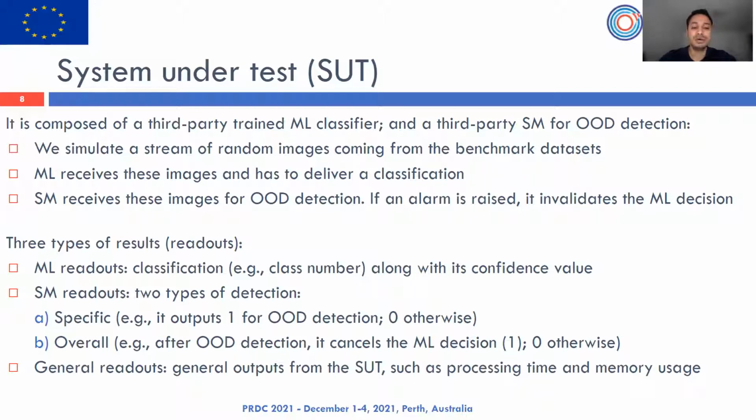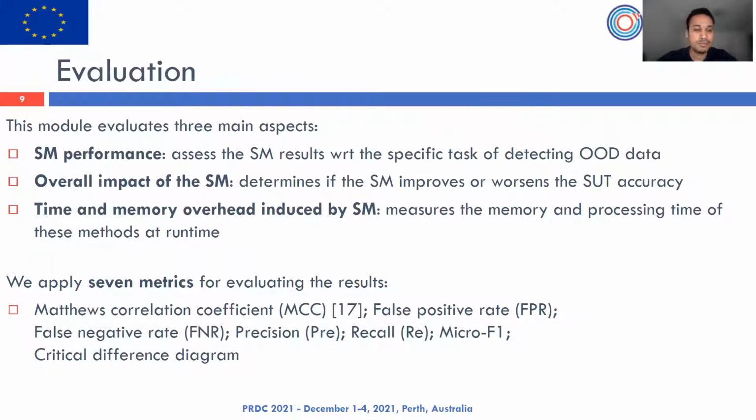We also measure other general readouts like processing time and memory usage. So for the evaluation, as I mentioned, we have the performance of the safety monitors regarding the detection. We have the overall impact of the safety monitors on this system, because something quite important is to know how the safety monitor is impacting the machine learning performance.